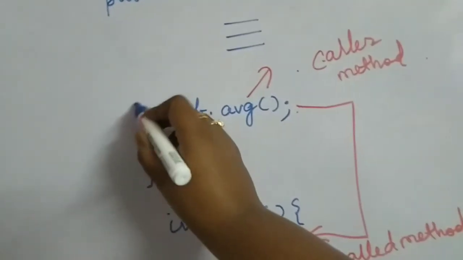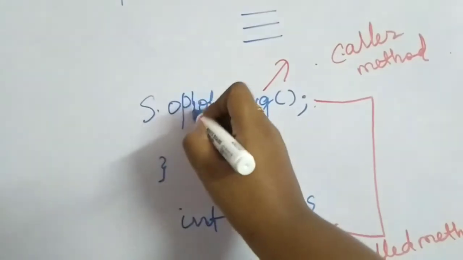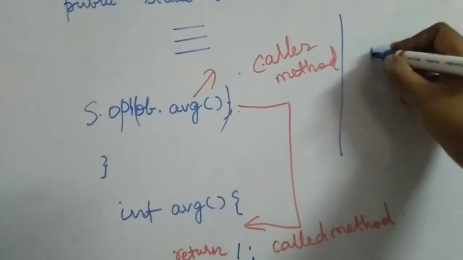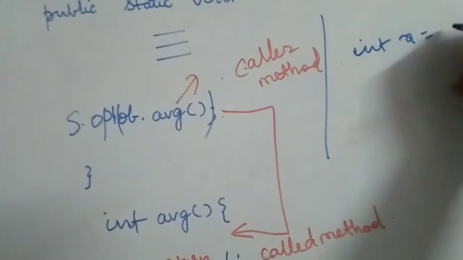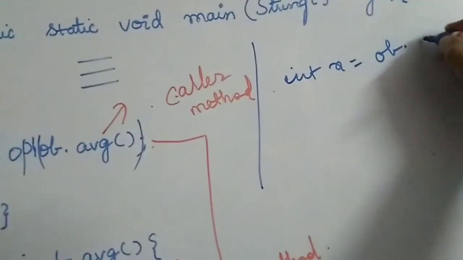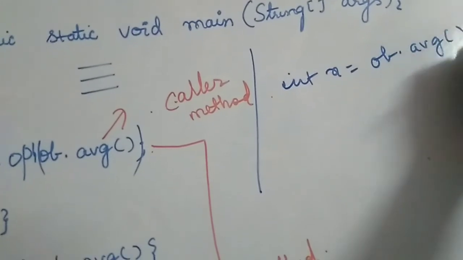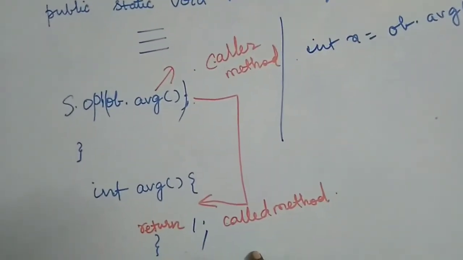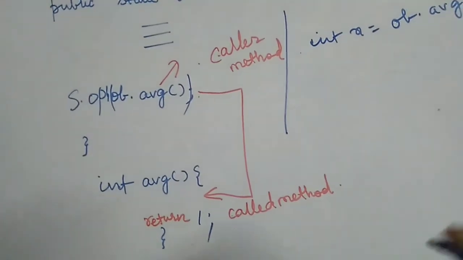There should be a mechanism in the caller method to catch this. You can simply write it in System.out.println, or you can say int x is equal to ob.average. So there should be a mechanism in the caller method to actually receive the return value. If it is void, it's okay.